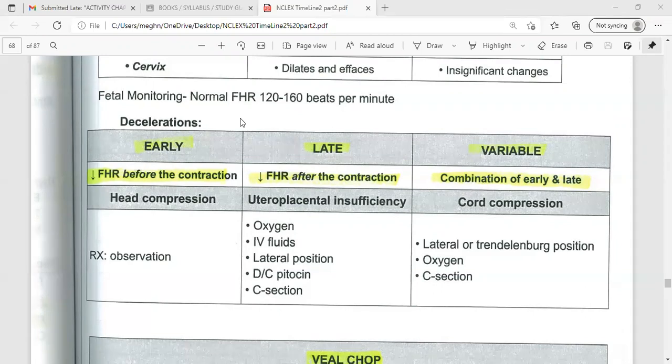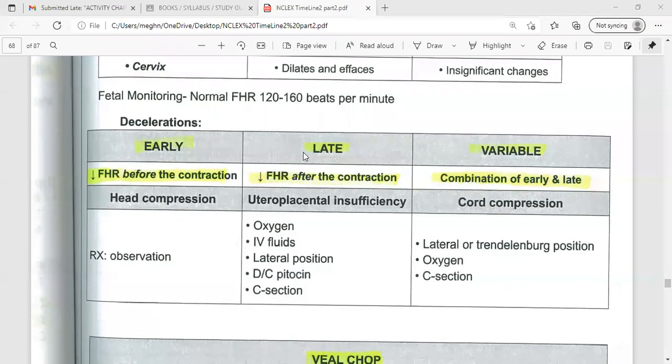So if heart rate is less than 120 per minute, as we call deceleration, there are three types of deceleration: early, late, and variable.